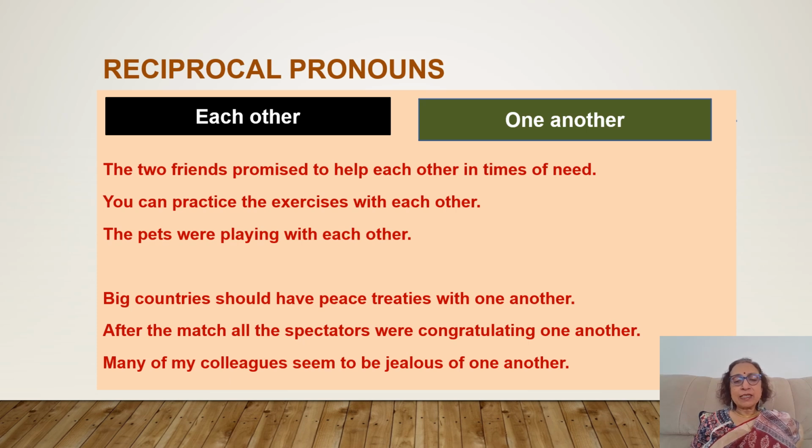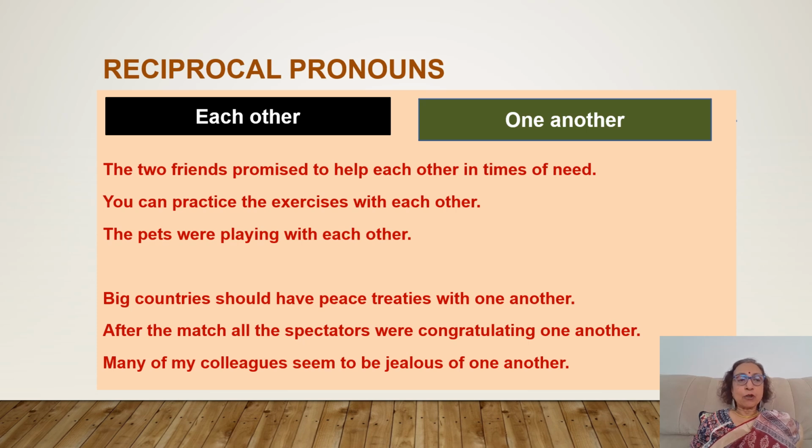Many of my colleagues seem to be jealous of one another. This happens in offices. Somebody is getting promotion, somebody is not, somebody is fighting with somebody else. So you have many colleagues and they might not be very open to each other. So if two colleagues, each other; if more than two, then one another.